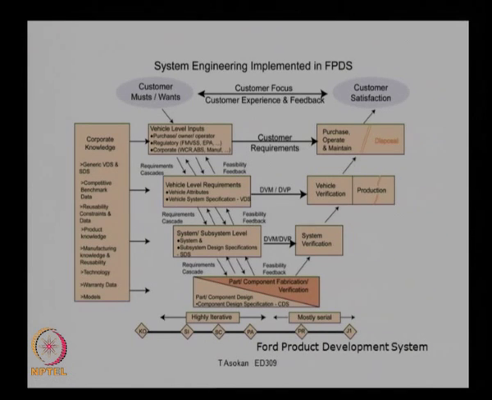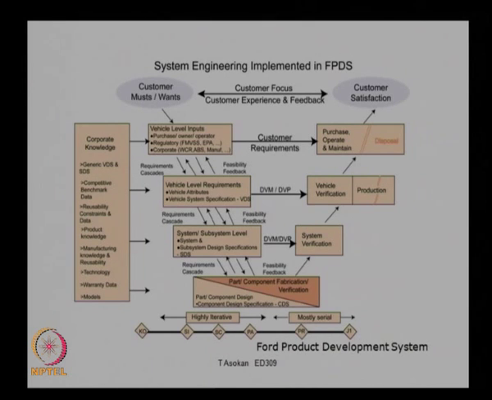This figure shows another diagram, which shows the product development system for Ford Motor Company. We will not go into the details of this figure now, because we will be discussing it at a later stage when we discuss the product development process or the system development process.